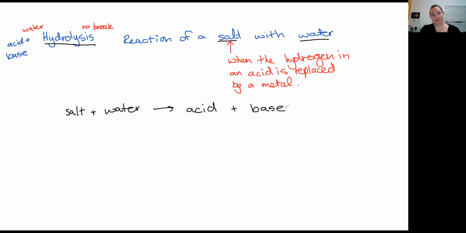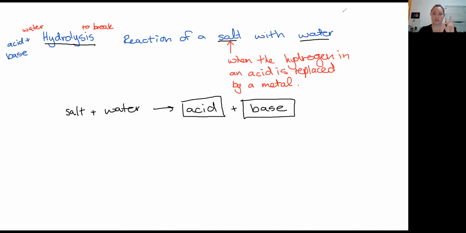So I took it to be the exact reverse of neutralization. Neutralization says acid plus base gives you salt plus water, then you just write it out verbatim, but the opposite way around. Unfortunately, that doesn't give you the right answer at all. When it comes to hydrolysis, the equation that you're going to get is a lot more complicated than just the original acid and base that you got.